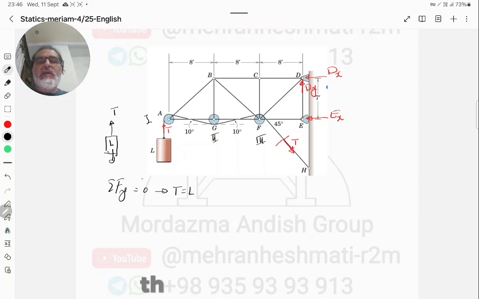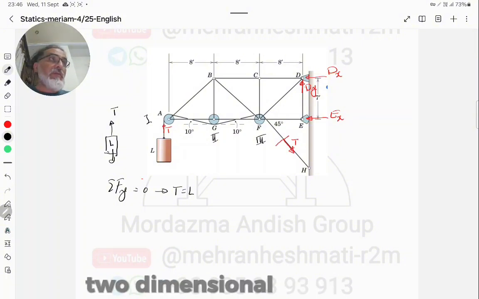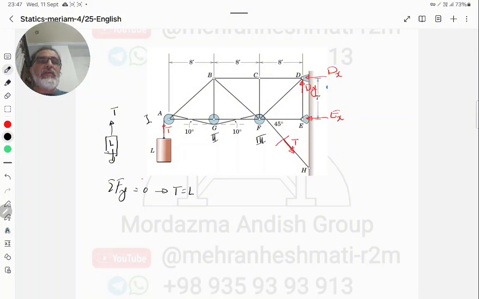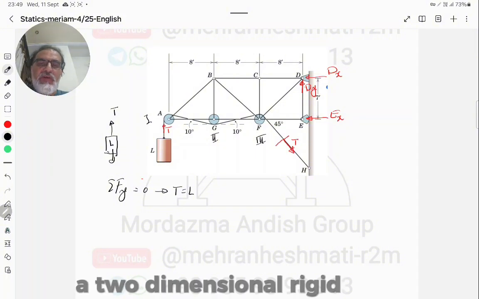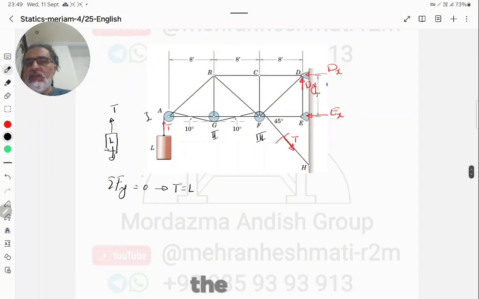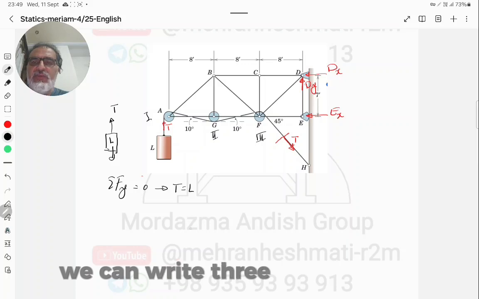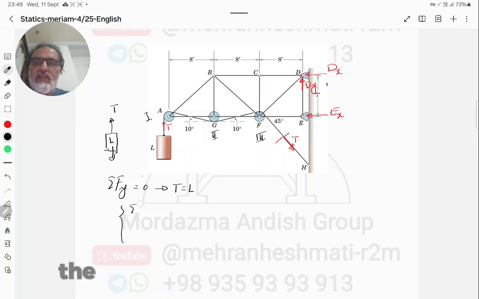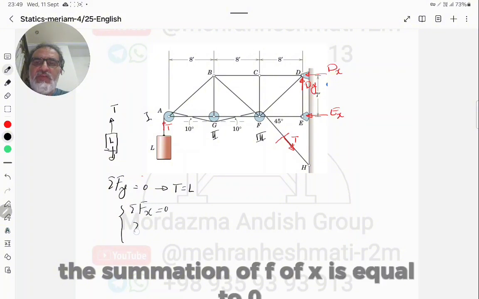You know, this truss is a 2-dimensional rigid body. So as I said, this truss is a 2-dimensional rigid body. For the truss, we can write 3 equilibrium equations. The summation of f of x is equal to 0. The summation of f of y is equal to 0.